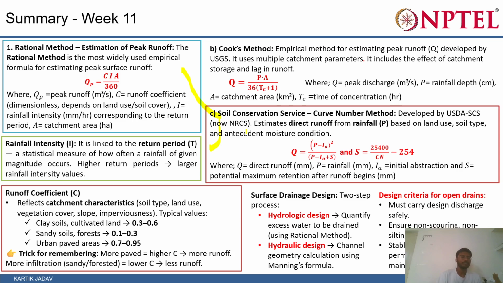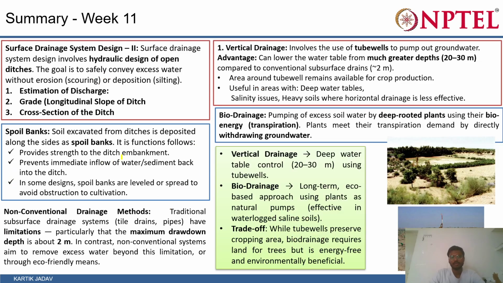But it still provides the required discharge. That is an approximation, but we still use it if we do not have detailed parameters. Then we understood the runoff coefficient and everything.